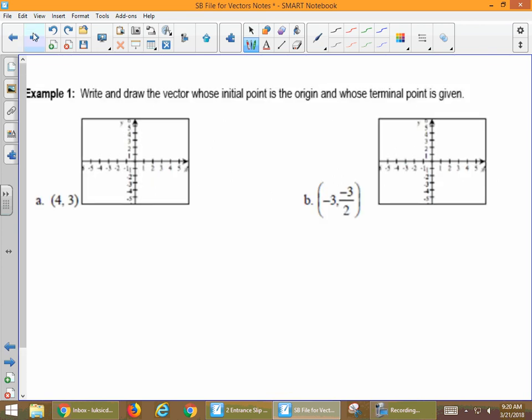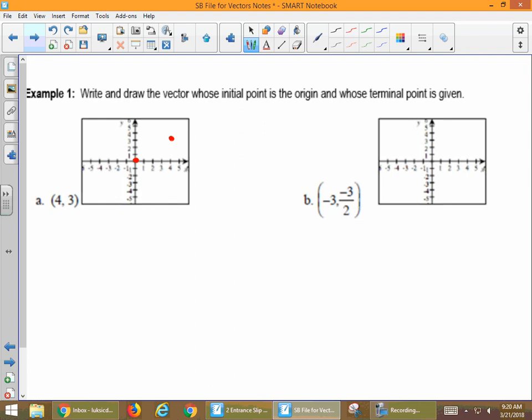Great. Let's put a couple of these on the coordinate plane. Write and draw the vector whose initial point is at the origin and the terminal point is given. So if we're going to point (4, 3), we're starting at the origin, and we're going over 4, up 3 to the terminal point.